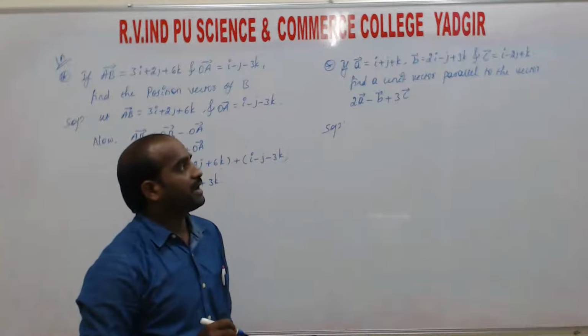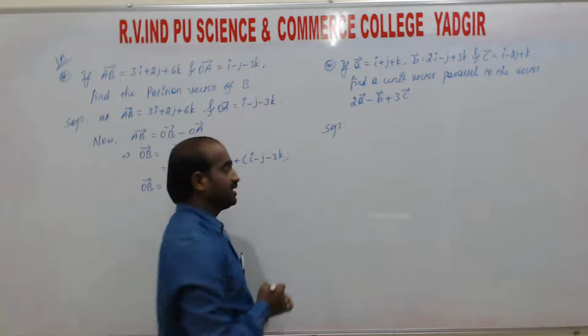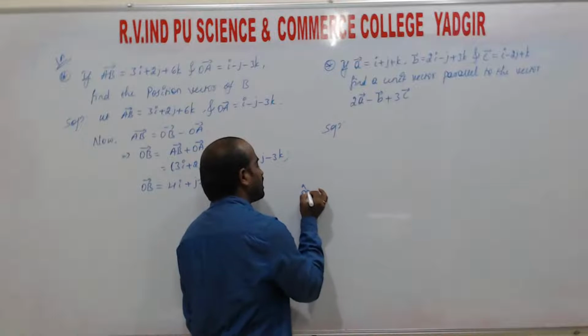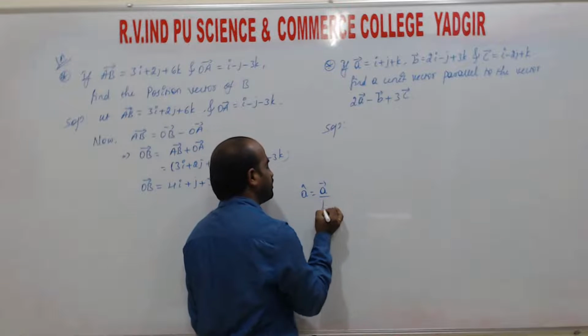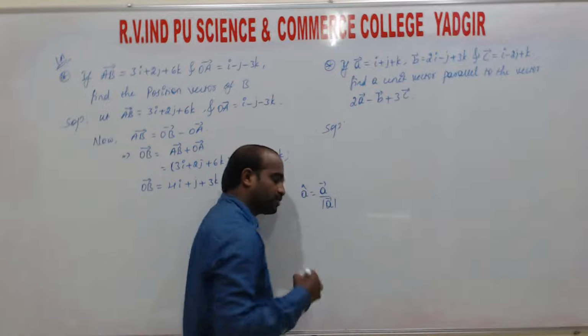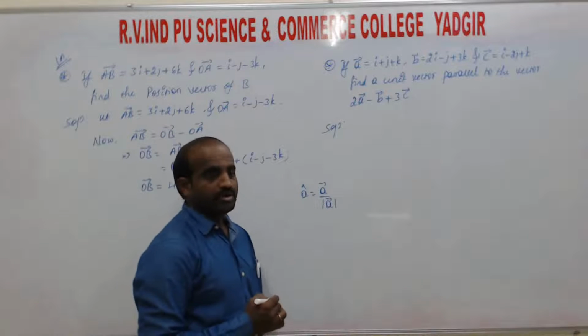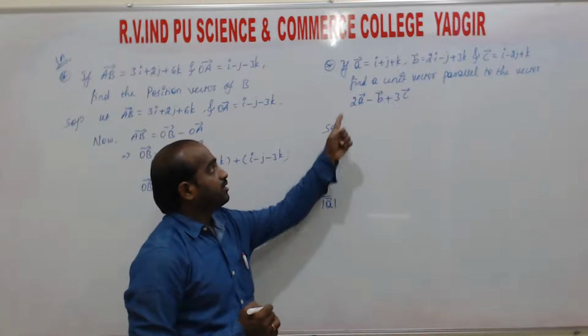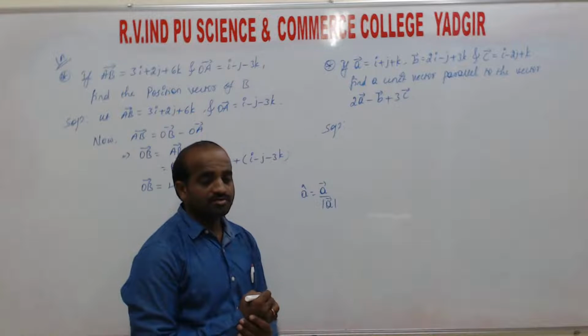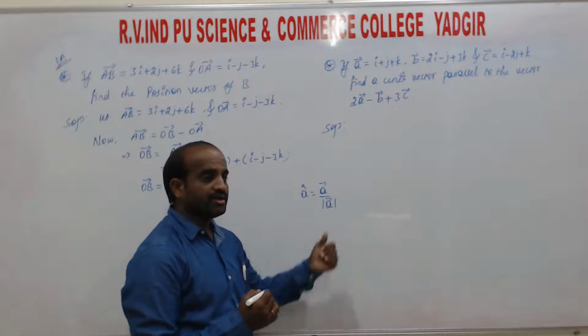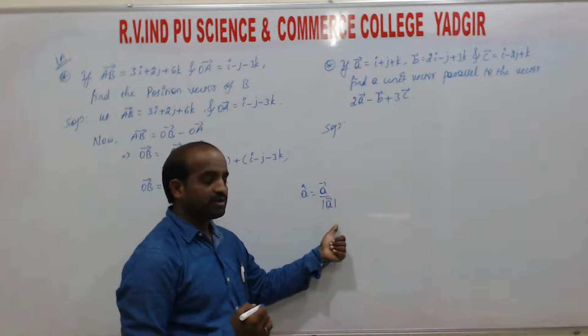Find a unit vector parallel to the vector a vector. It is given by a cap is equal to a vector divided by magnitude of a vector. Both are the same. Find a unit vector in the direction of the vector a vector, given by a cap is equal to a divided by magnitude of a.